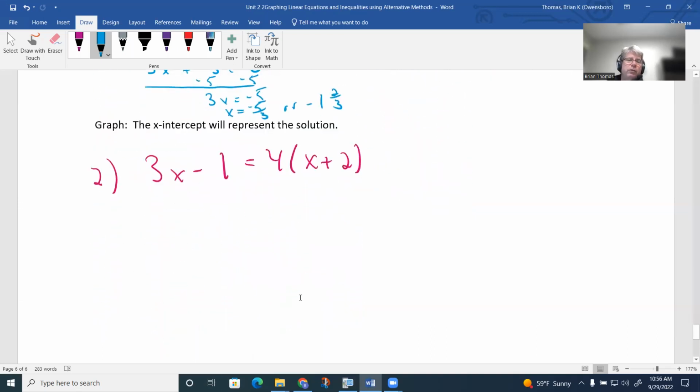If I want to solve this equation using the calculator, what I can do is set one side equal to 0. As we move through this problem, we have 3x minus 1. What I can do is multiply the 4 through the parentheses, 4x plus 8. I want to get the x on one side, so I need to subtract the 3x on both sides.